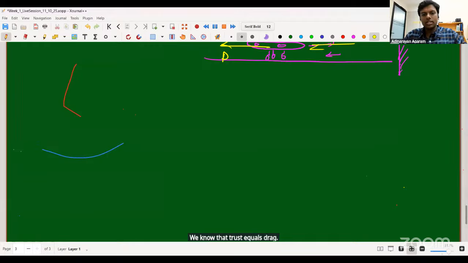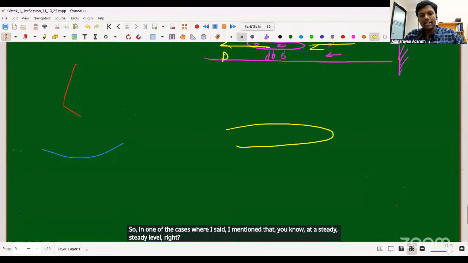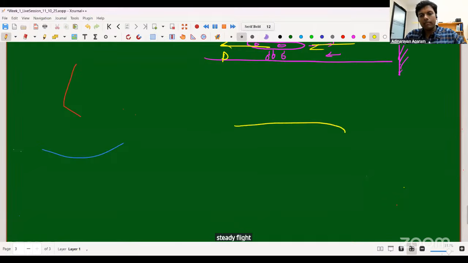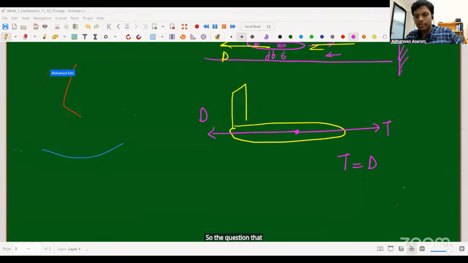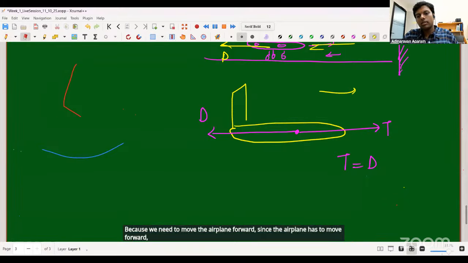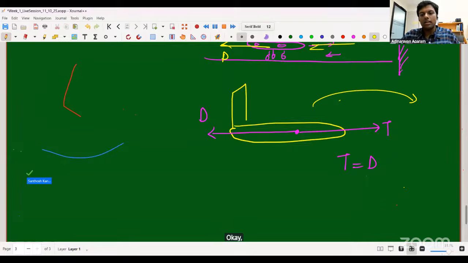In the case where sir mentioned steady level flight, we're not just cruising, you have thrust acting forwards and drag acting behind, and sir mentioned that thrust should be equal to drag. The question is, since the airplane has to move forward, it has to go ahead.